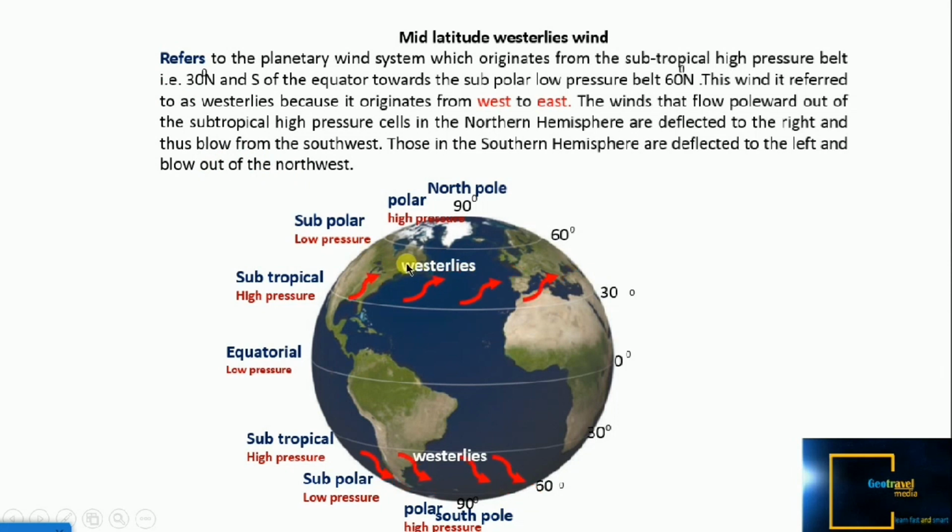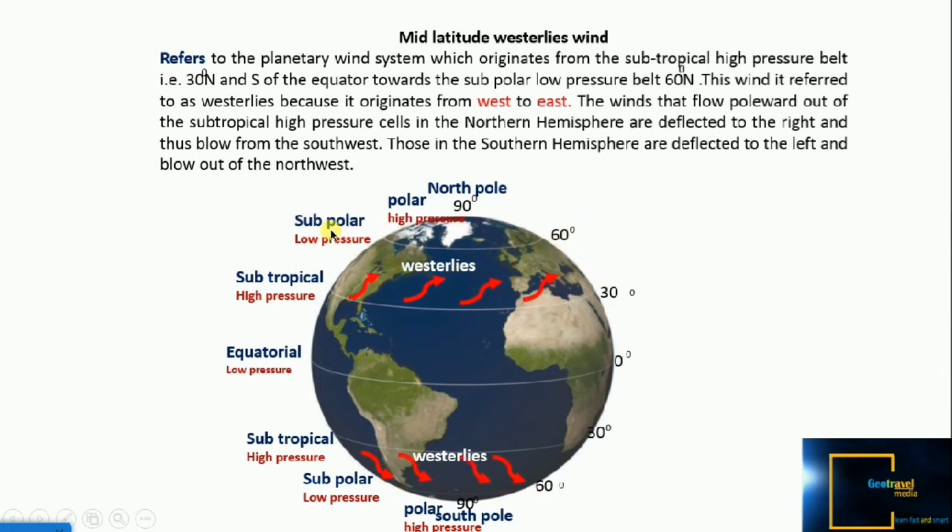The westerlies wind normally operates from the subtropical high pressure belt at 30 degrees north and 30 degrees south toward the subpolar low pressure belt, that is 30 degrees south and 60 degrees south and 60 degrees north.